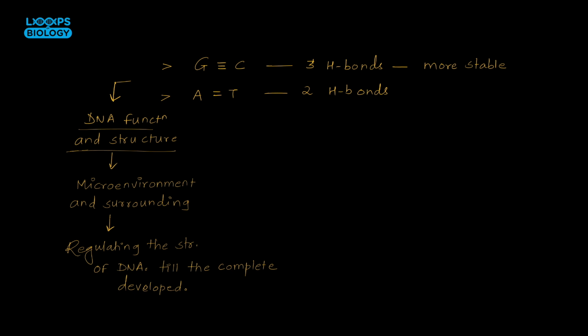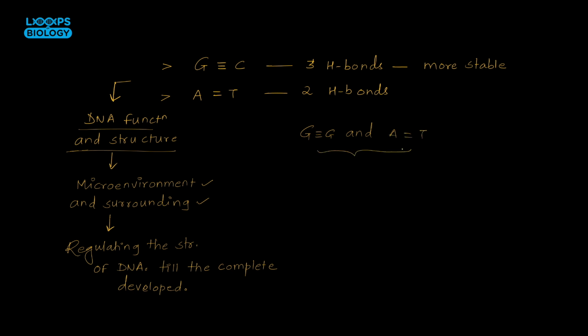It's not like that. So till the complete development, this particular DNA might get changed based on the mutation taking place inside it, completely dependent on microenvironment and the surrounding. Got my point?